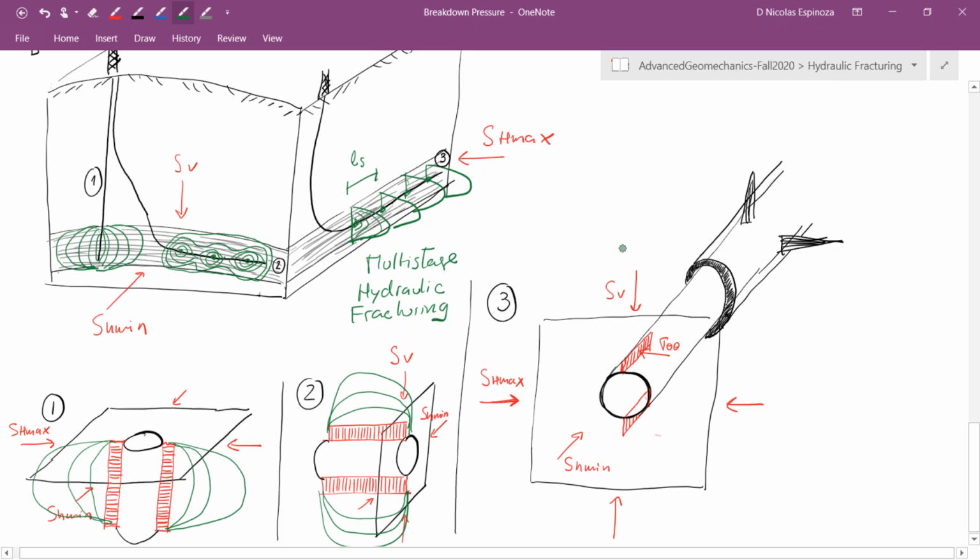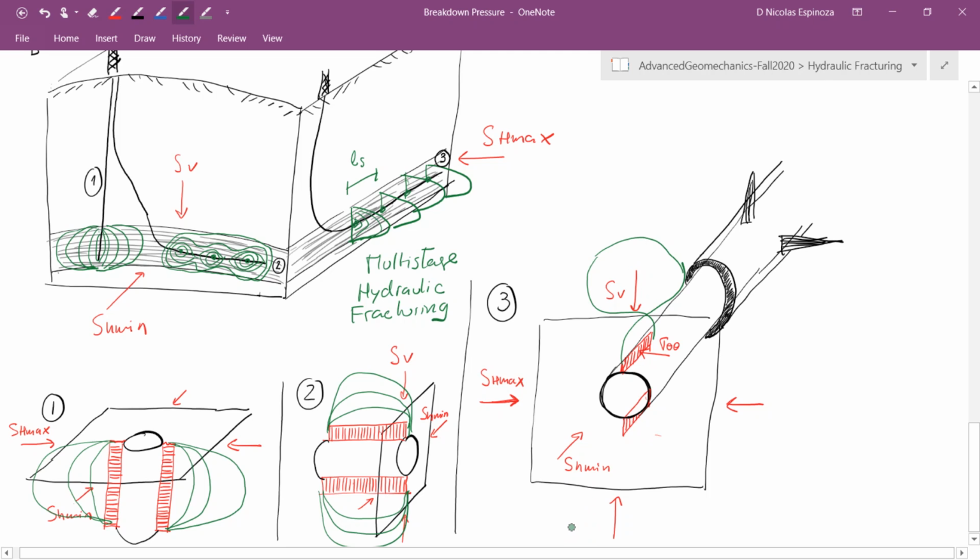And what you're going to see in ideal conditions is something like the following. In the far field, I have a plane which is perpendicular to SH mean, but as I get closer to the wellbore, the fracture changes direction. What actually starts here changes direction as it goes into the far field.